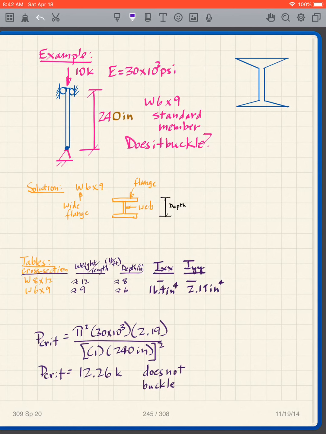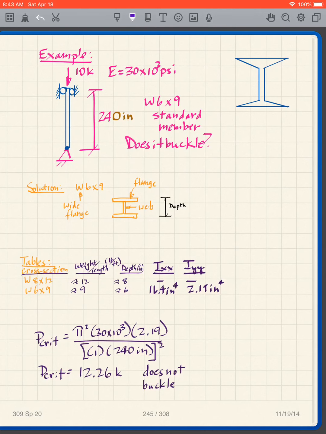You can get the properties of these beams. They are either built into a computer program, or you can get them from tables. For instance, a typical table would describe the cross section. For instance, we can have a W8x12, W6x9, and the weight per length, in other words, pounds per foot, is given somewhat in the name.